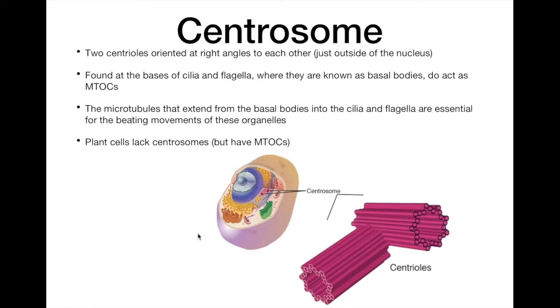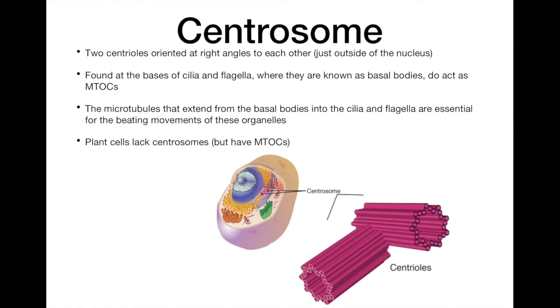The high resolution of the electron microscope reveals that just outside the nucleus here, there are two centrioles. What is a centriole? They lie close together and at right angles. This is one centriole, another, and together they form the centrosome. Now, these are absent in most plant cells.